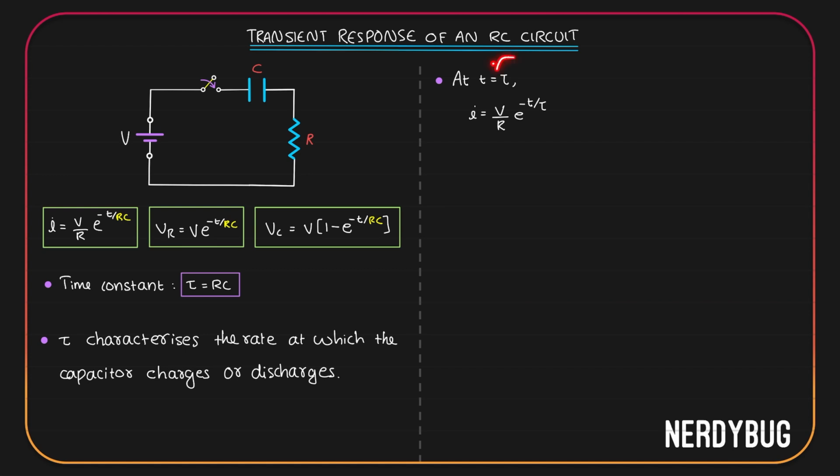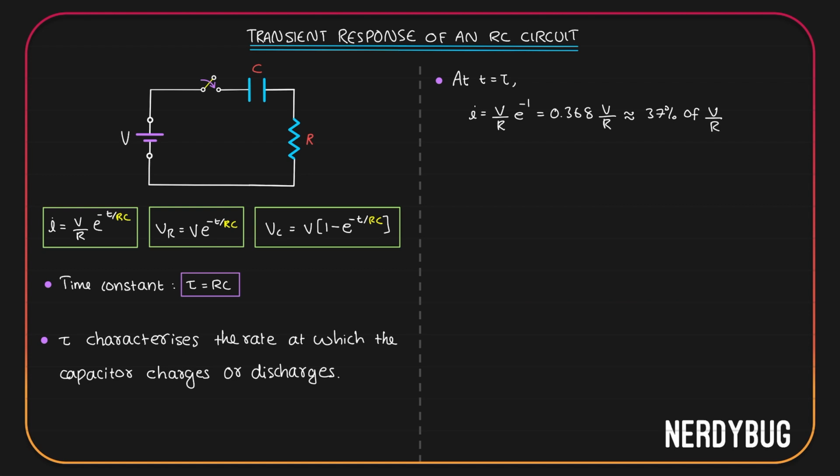At this moment, t is tau, so this will become e raised to minus tau by tau, which is e raised to minus 1. If we calculate e raised to minus 1, we get 0.368 V by R. Or we could say I becomes approximately equal to 37% of V by R.